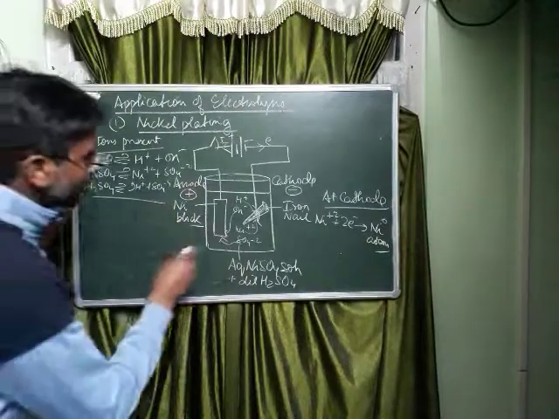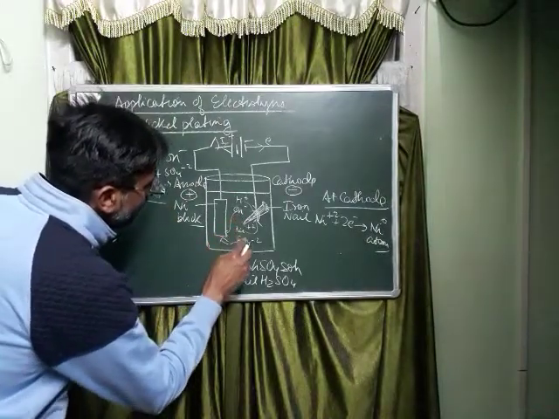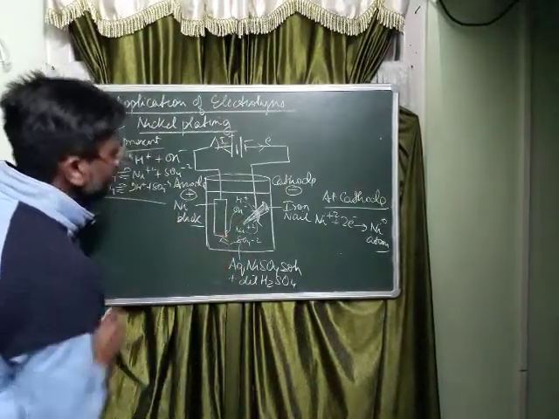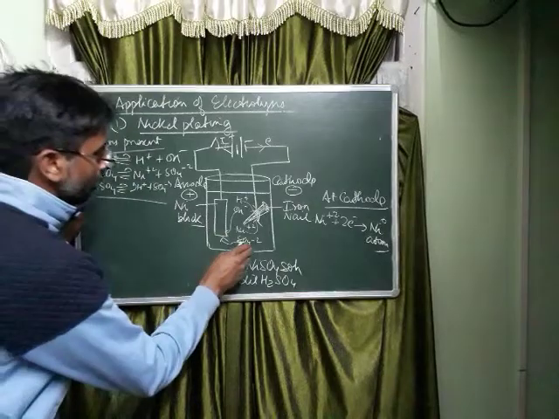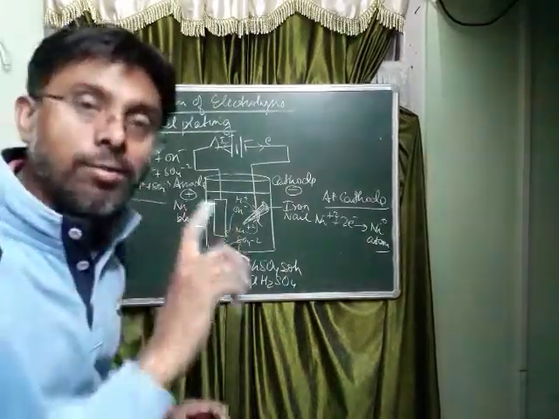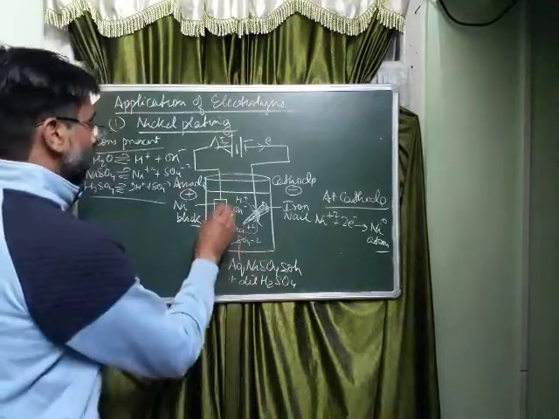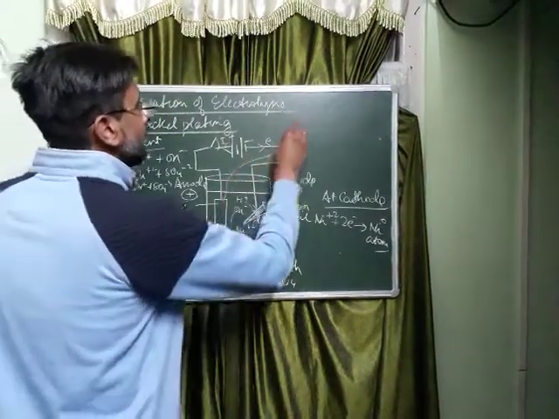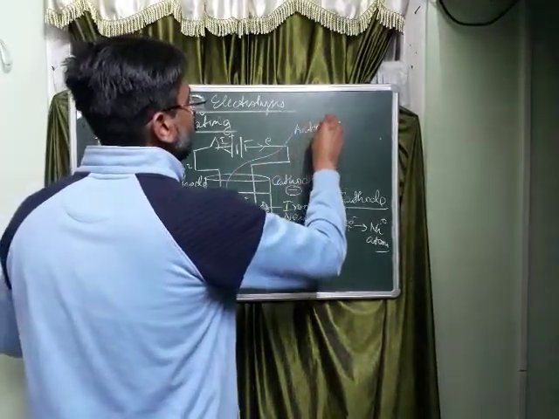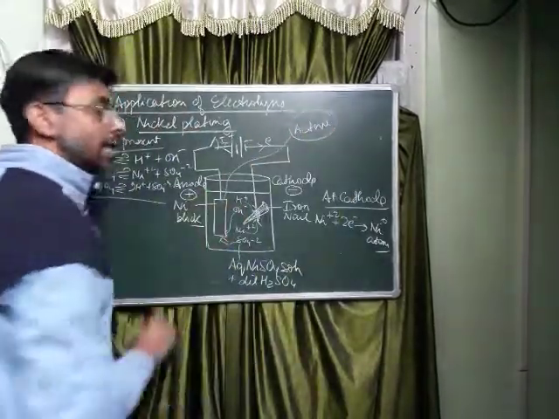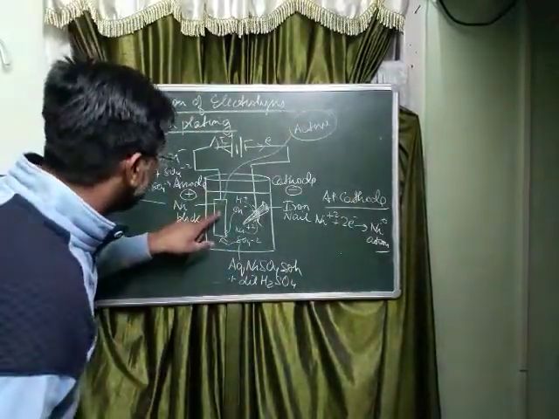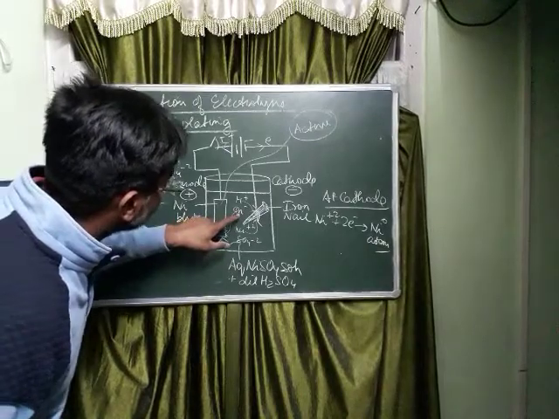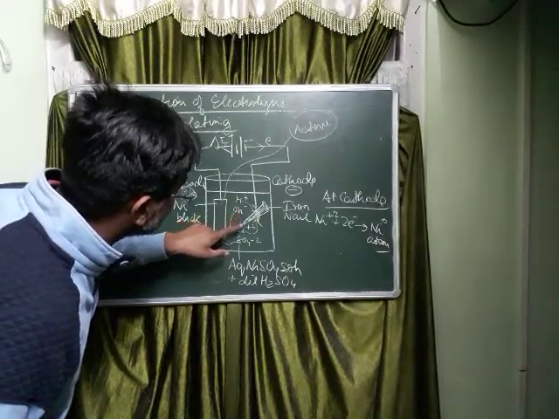And then on the other side, between hydroxyl and sulfate, both of them come to the nickel anode block, but none of them will discharge. The reason is the nickel block is an active electrode. As I have told you, like copper, nickel is an active electrode. So this nickel metal will prevent the discharge of hydroxyl and sulfate ions.